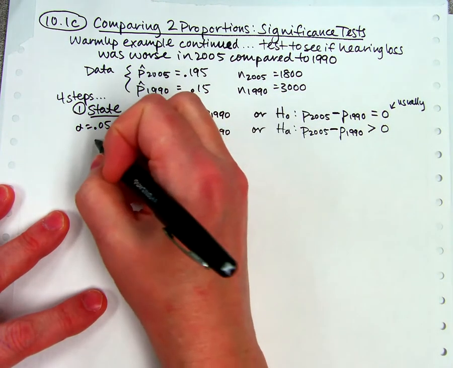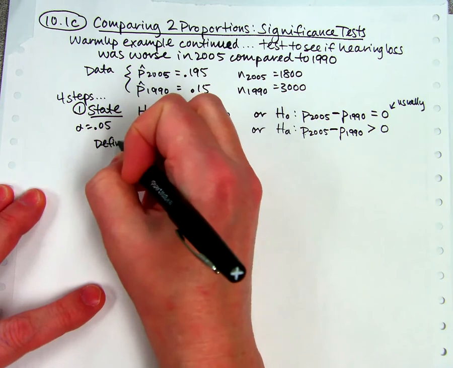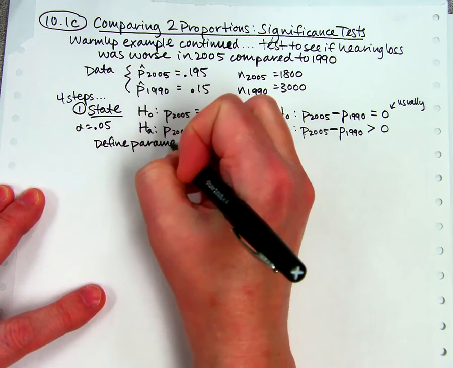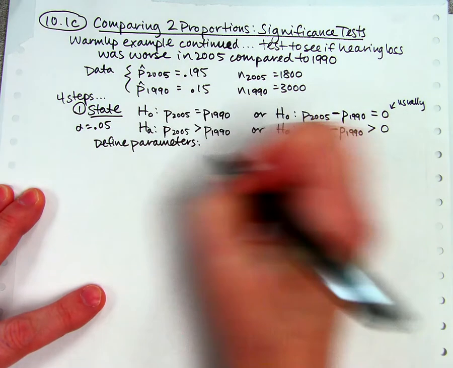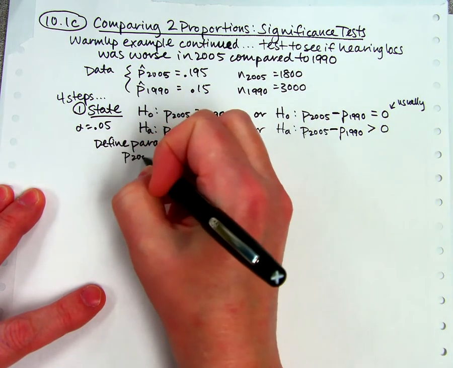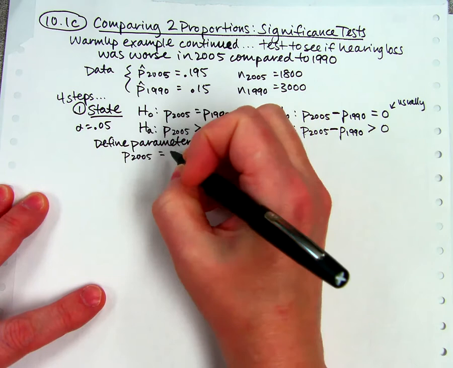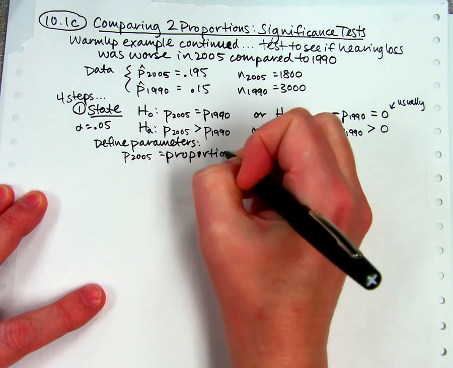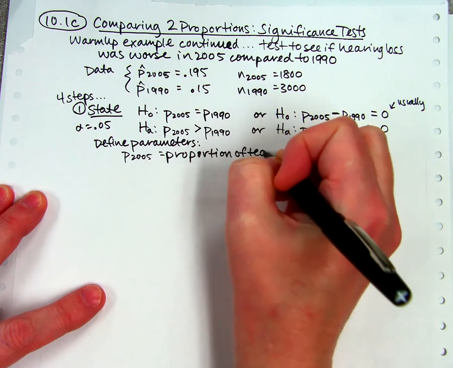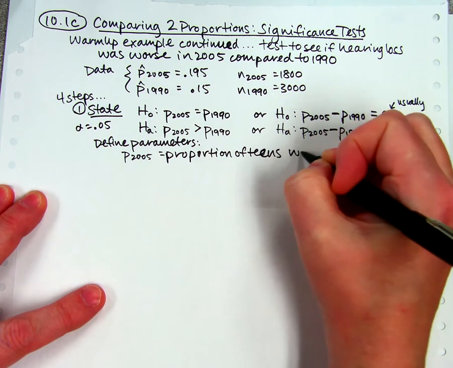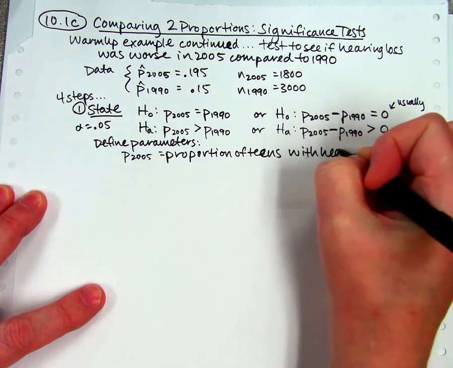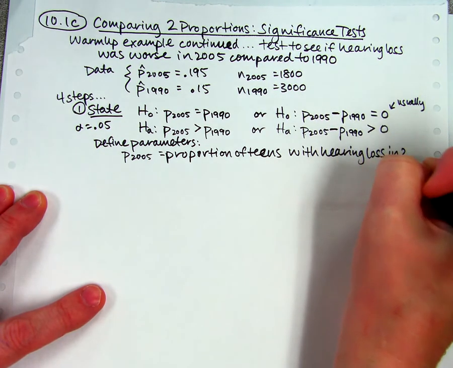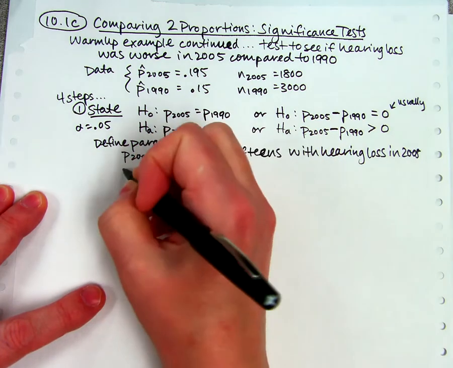So the defining the parameters, some of you are getting lazy about this part. Define the parameters, there's two of them. You have to say that P 2005 represents the proportion of teens with hearing loss in 2005, and P 1990.